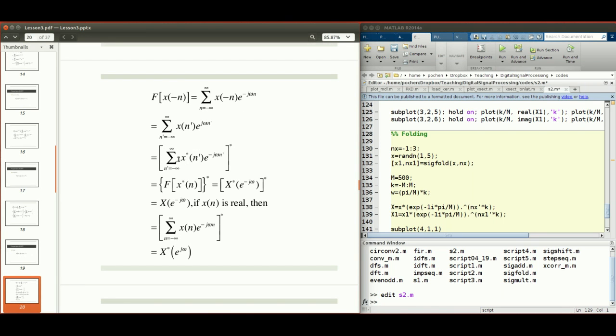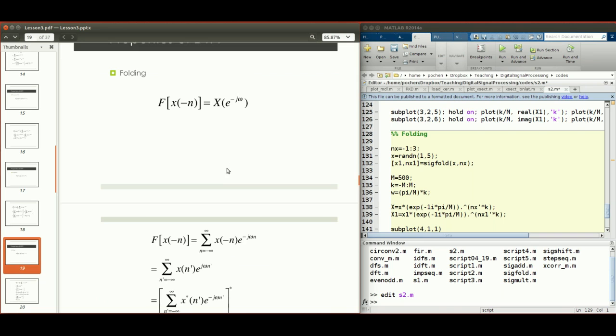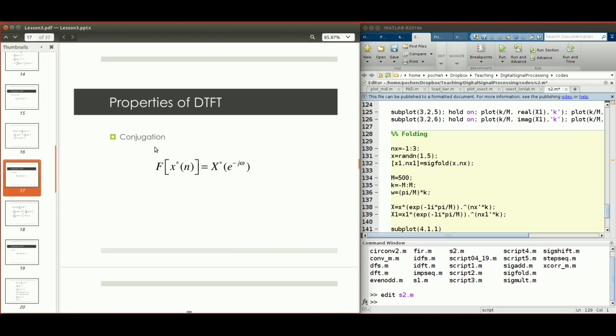The whole thing inside of the square bracket is actually the Fourier transform of x star. And we know the Fourier transform of x star from the previous property, the conjugation property: the Fourier transform of x star equals big X star of e to the minus j omega. You see?